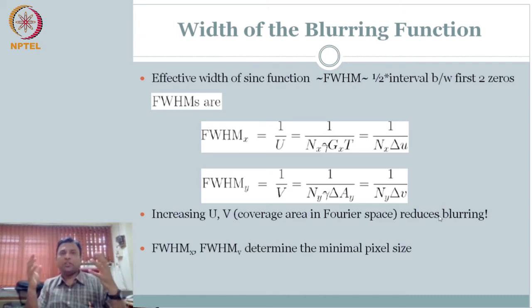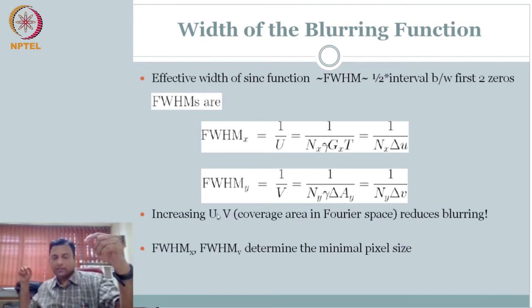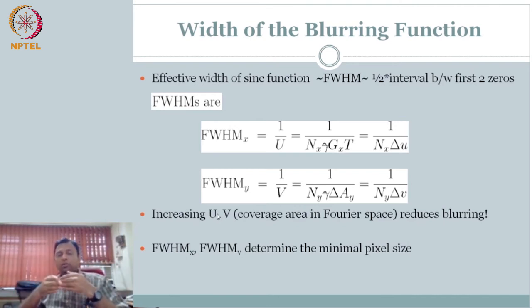That's the intuition that we have. Sharper or rapid transitions in spatial domain correspond to high frequency. So if I record high frequencies, meaning your U and V are large, then I should be able to catch rapid changes. So that means blurring is less.